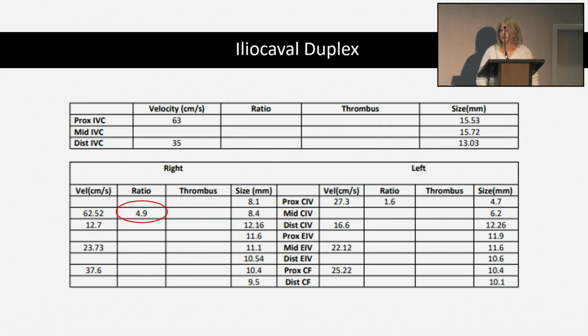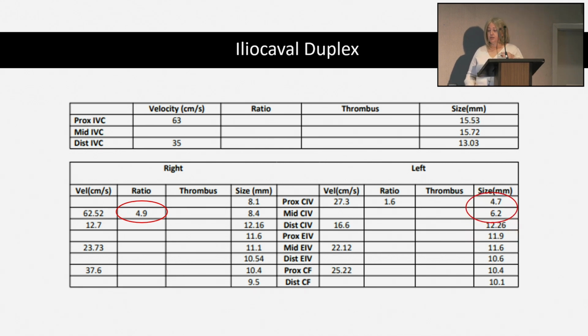Now on the left, you can see the vein size was much smaller, 6.2 and 4.7. So she had not a ratio. So that's why I say you can't just hang your hat on just that ratio. You can't hang your hat on just that diameter. You have to kind of combine your criteria.